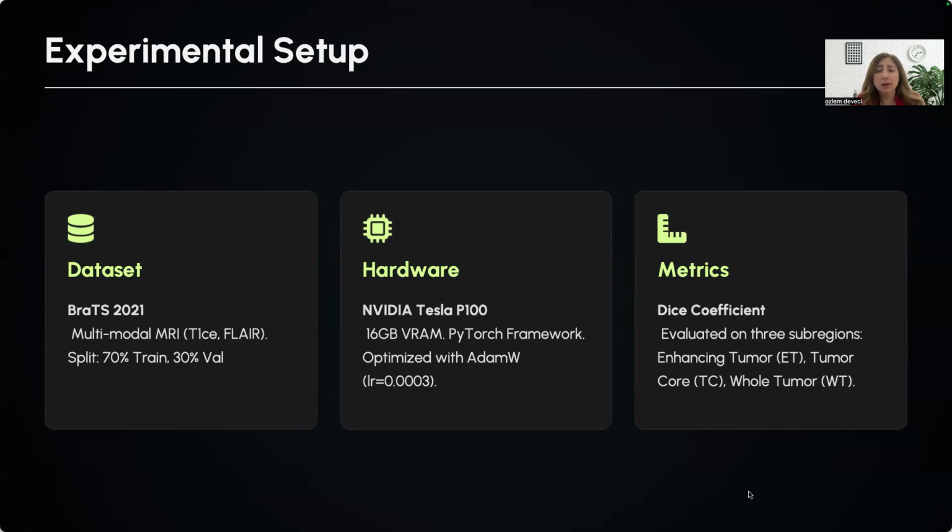I used the AdamW optimizer with a learning rate of 0.0003. My primary evaluation metric was the dice coefficient calculated separately for the enhancing tumor, tumor core, and whole tumor.